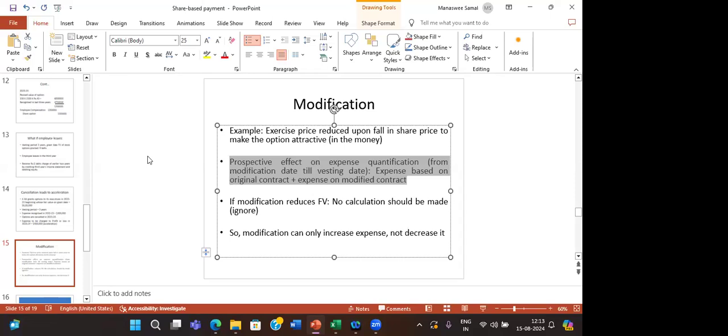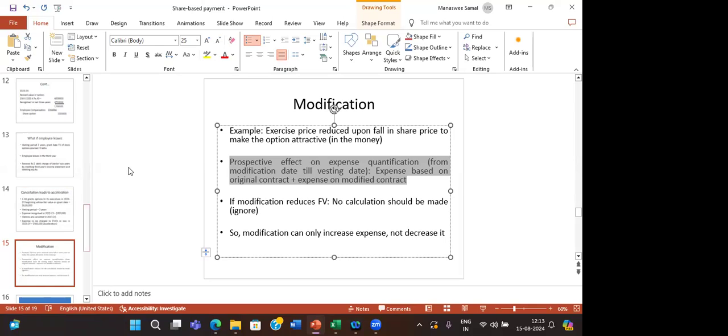So that, I think, explains some of the issues involved in ESOP. That is, we learned what is modification. We learned what happens in case the ESOP scheme gets cancelled altogether. I think we also understood immediate vesting.